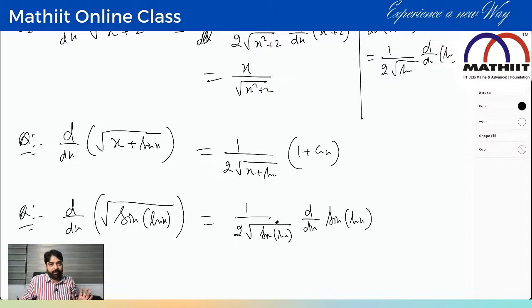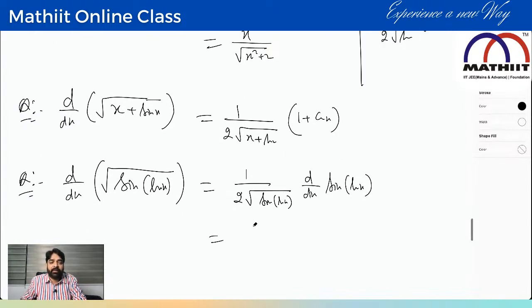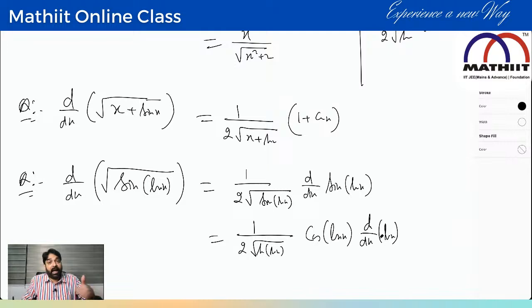This part is over. Now, d by dx of sine of something. Sine of something differentiation is cos of something, the inside stays as it is, into something differentiation. d by dx of ln x: ln of something differentiation is 1 by something.